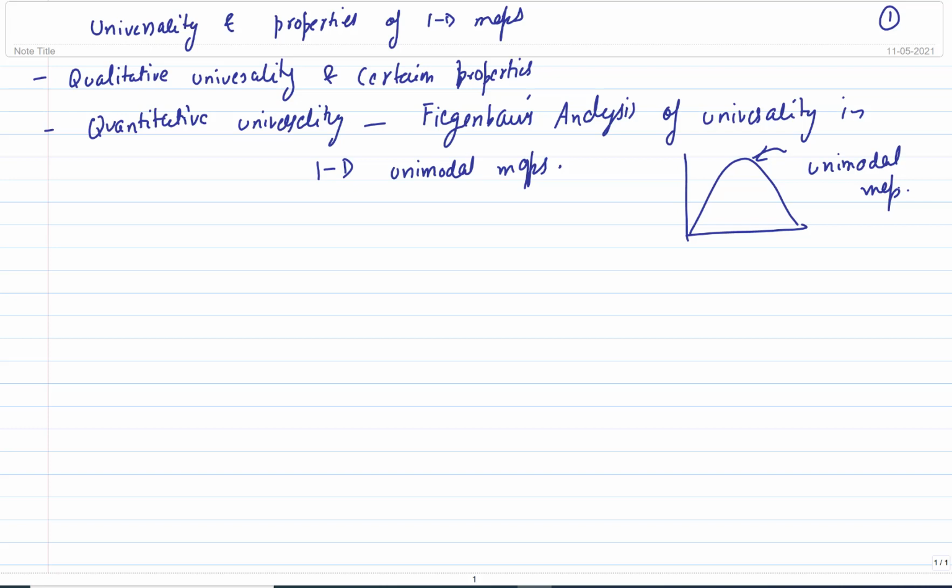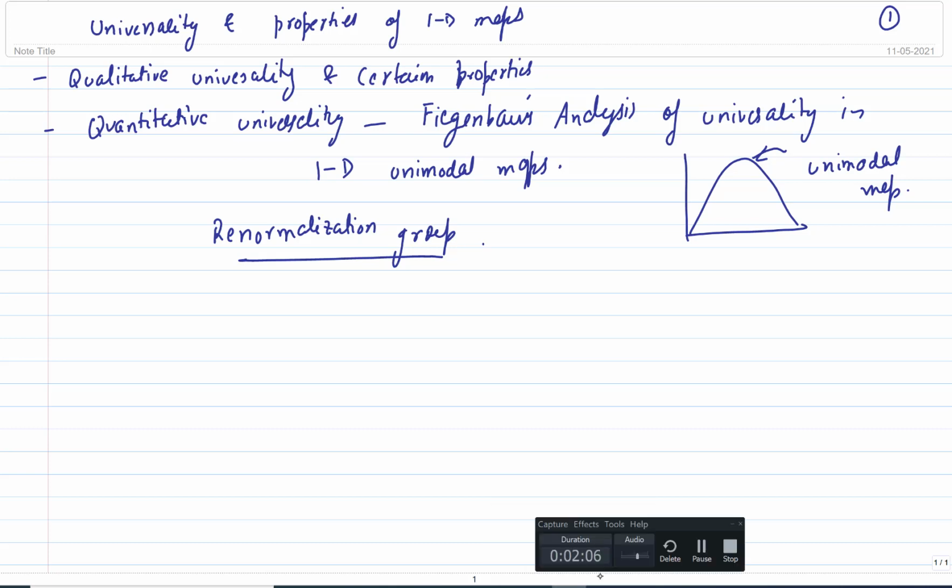And we are going to slowly build up to appreciating a very celebrated approach in physics, renormalization group. The concept of the renormalization group approach.